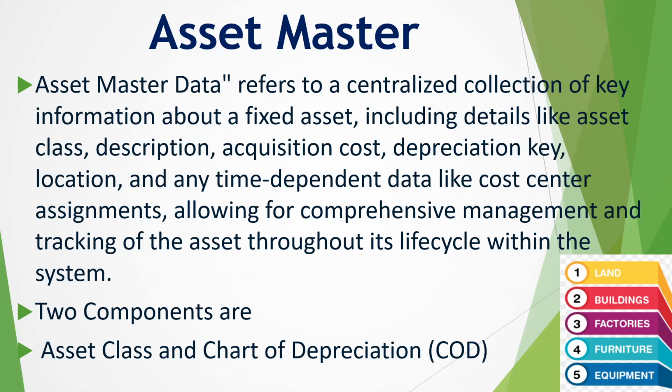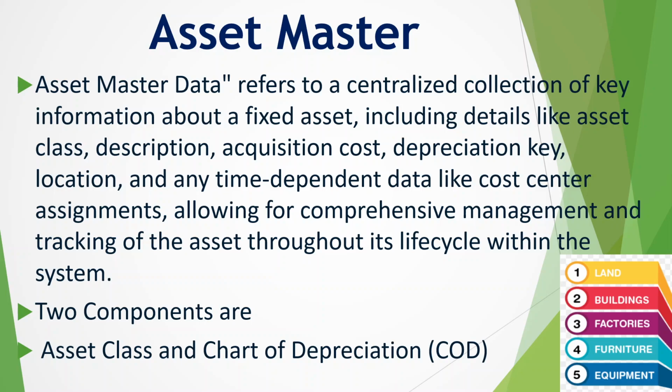The first part is called asset class, which is defined at the client level, and the next part is called chart of depreciation, which gives you the depreciation area related details. This one is exclusively defined at the country level. Remember, this is not at the client level, it is at the country level and being extended to the company code, and that is how it works.